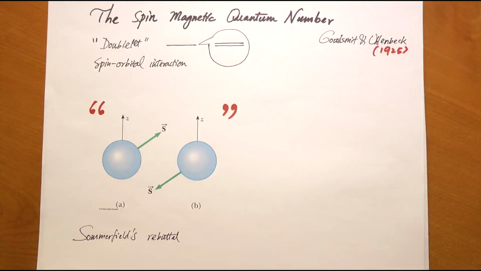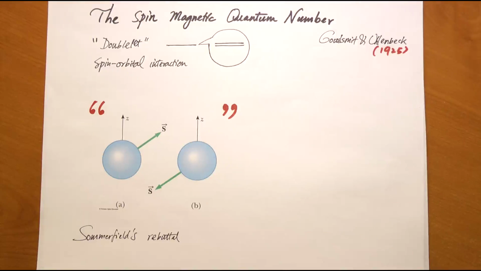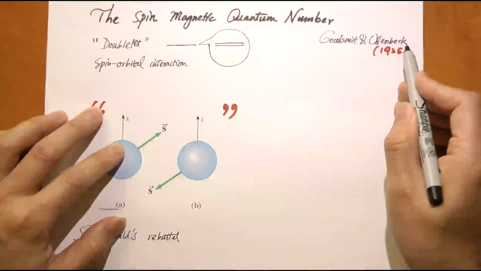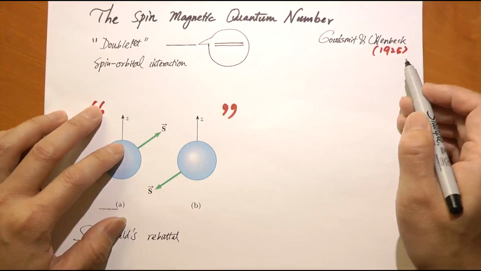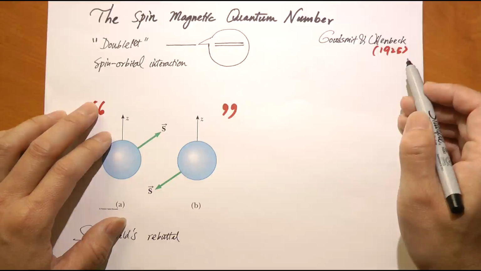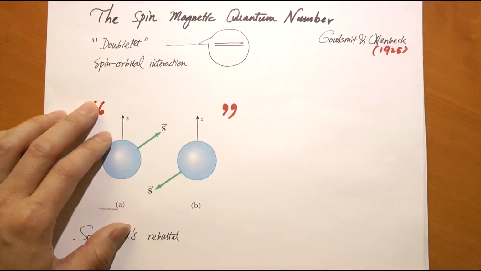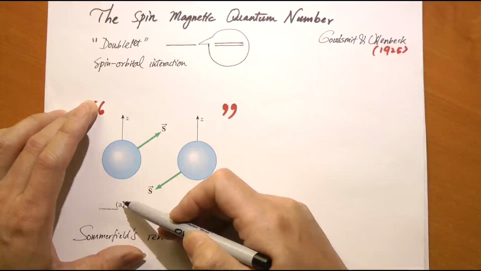And the way we understand that is by introducing what's called the spin magnetic quantum number. Historically, Goudsmit and Uhlenbeck, two young physicists in the year 1925, proposed this idea of electronic spin. They didn't quite know what that spin entailed, but they called it spin to mimic the classical sense of a ball spinning about its axis of rotation.